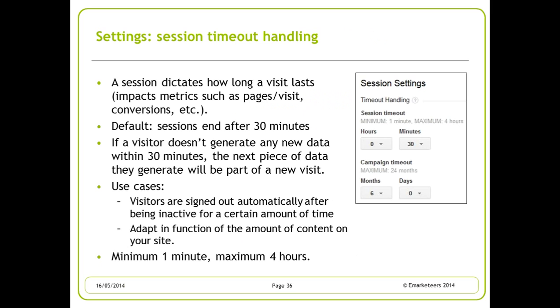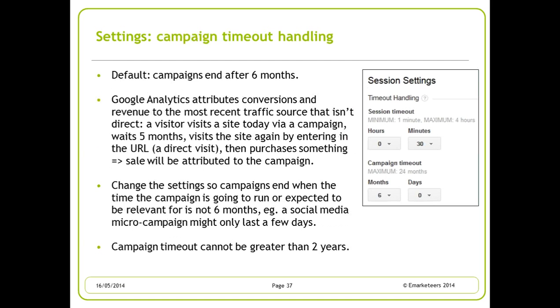And if he or she then clicks after an hour, that starts a new visit in your Google Analytics. We can now change that time frame. So for example, if users on your site are automatically timed out after 5 minutes, it doesn't make sense to leave that at 30 minutes. You should reduce that to 5 minutes. It's minimum 1 minute, maximum 4 hours.